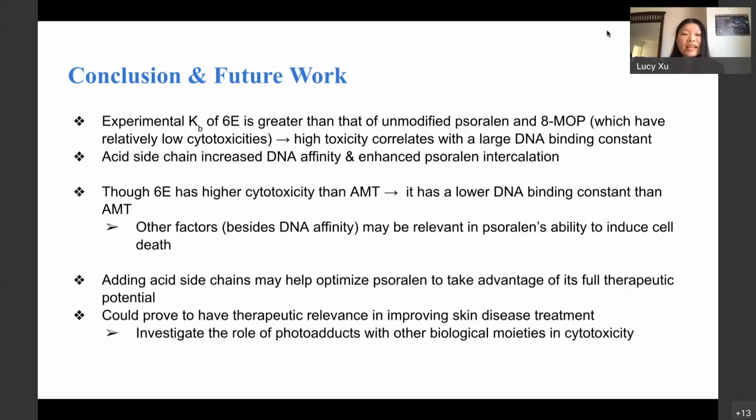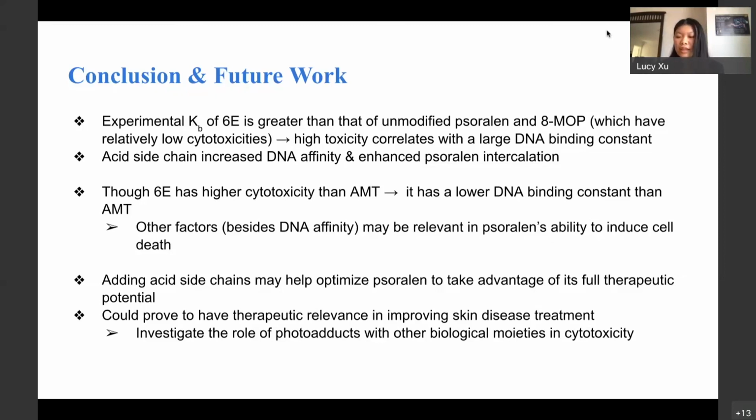And we see that the acid side chain that we added to 6E does increase DNA affinity and enhances psoralen intercalation. Though 6E was shown to have a higher cytotoxicity than AMT, we just saw that it had a lower DNA binding constant than AMT, and this suggests that other factors, aside from DNA affinity, may be relevant in psoralen's ability to induce cell death.